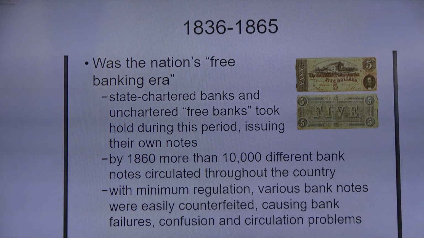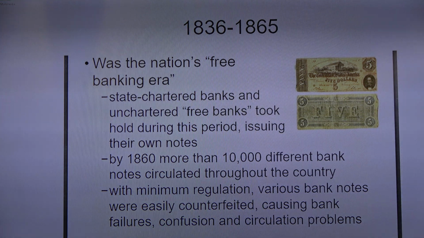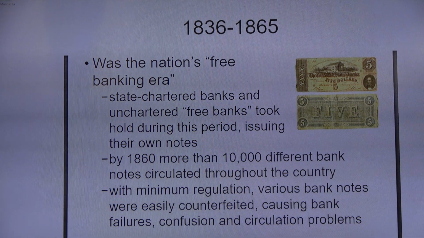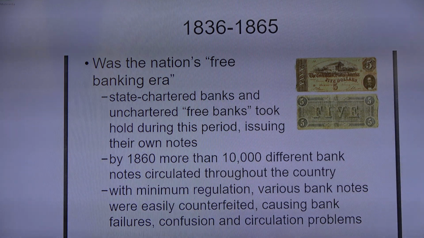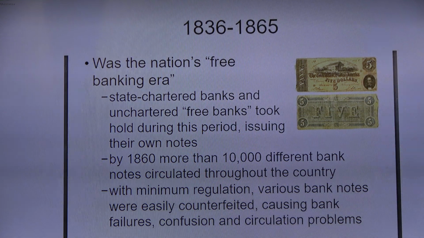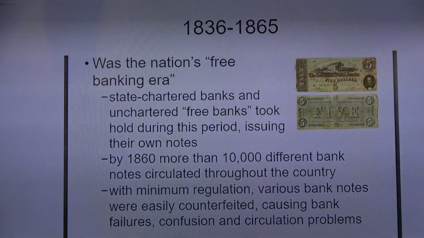There wasn't hardly any regulation of banks at that time. So banknotes were easily counterfeited because there wasn't much regulation. Many of these banks failed, and there was a lot of confusion and circulation problems. It was just mass confusion during this time period, known as the free banking era.